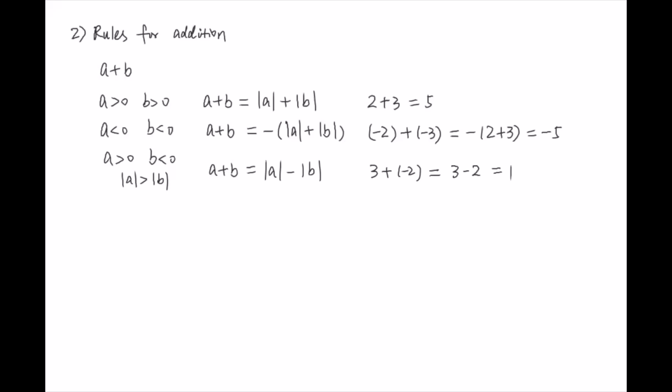Next situation, a positive, b negative, the absolute value of a is smaller than the absolute value of b. For this equation, a plus b equals negative (the absolute value of b minus the absolute value of a).